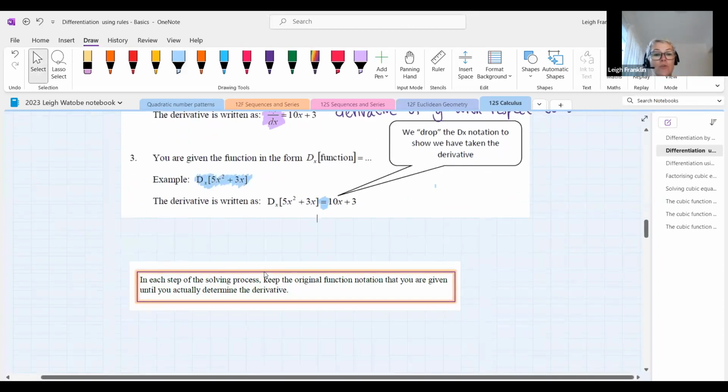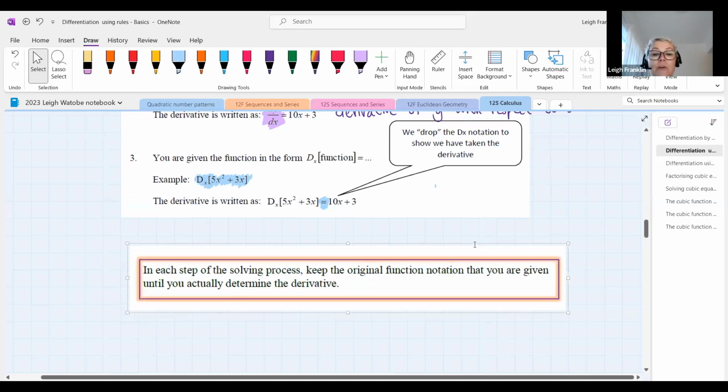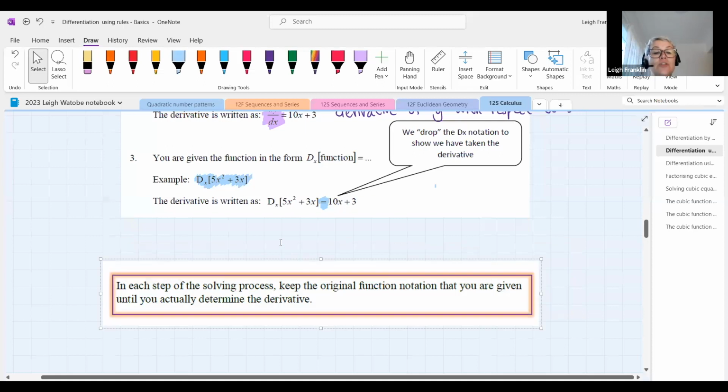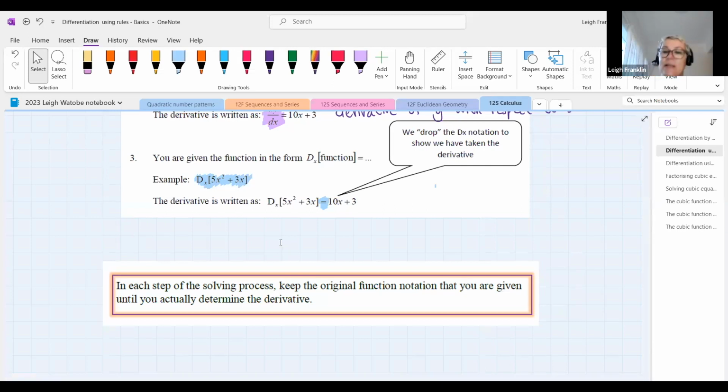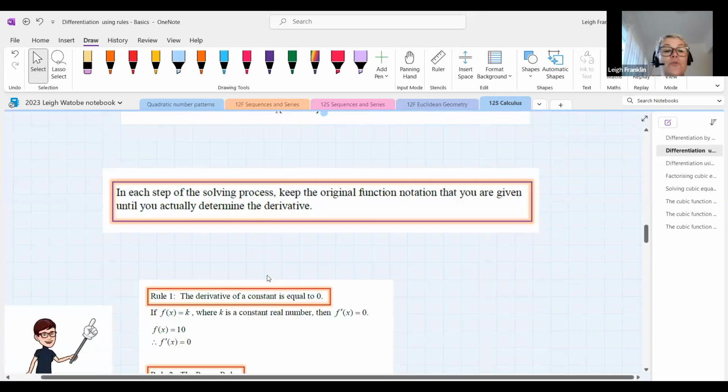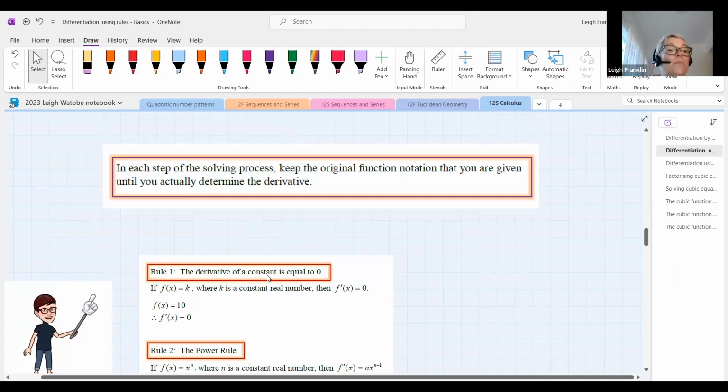But I'm going to show you all of this through some examples. In each step of the solving process, keep the original function notation you are given until you actually determine the derivative. If you don't do that, they are going to penalize you. And I'm going to show you through the examples what I mean.